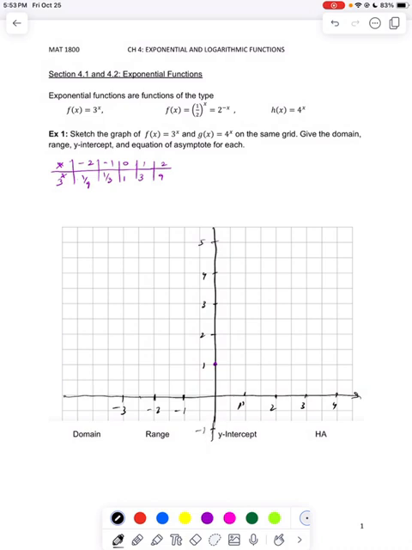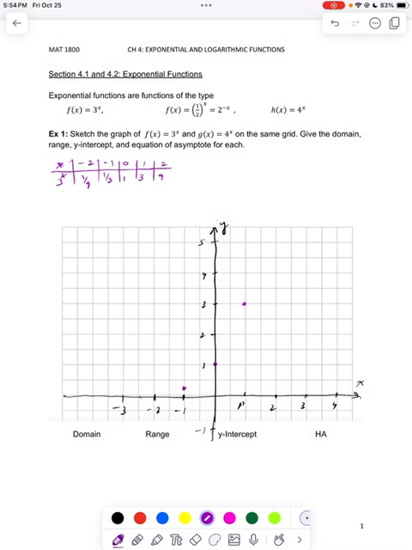So when I plot the points, at 0 we are at 1, at 1 we are at 3, and then at negative 1 we are at 1/3, somewhere here.